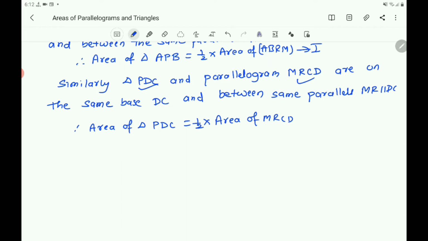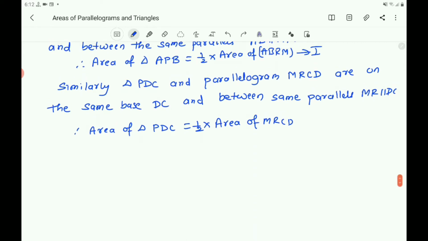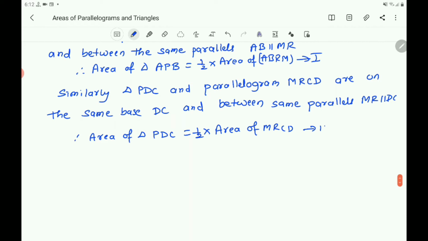These two are on the same base and between the same parallels. Therefore, area of the triangle is half the area of the parallelogram on the same base and between the same parallels. So you consider this is the second. Now you add this first and second. LHS and LHS must be added, RHS and RHS must be added.